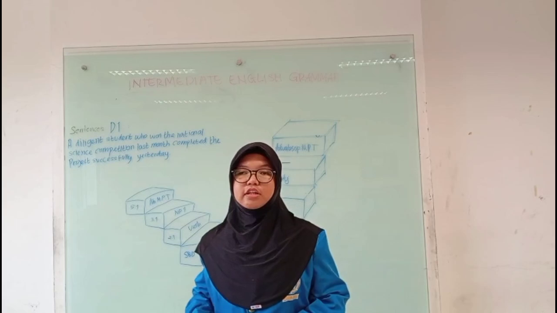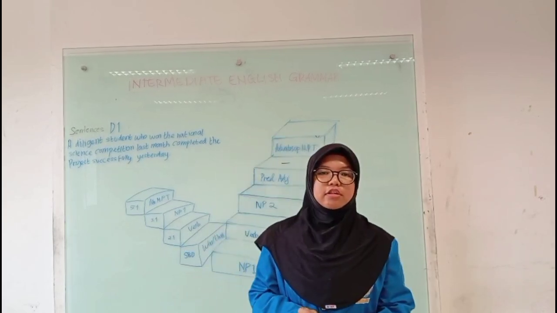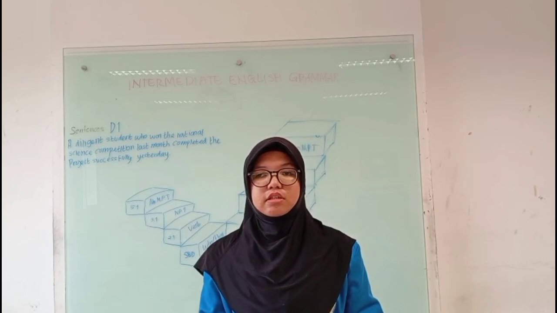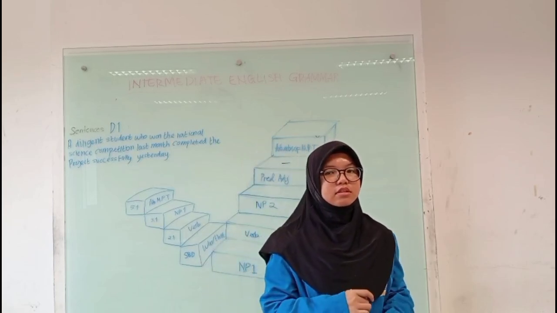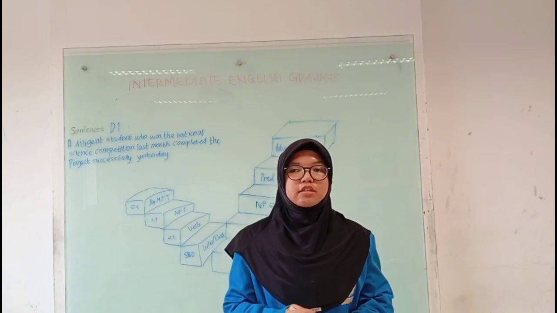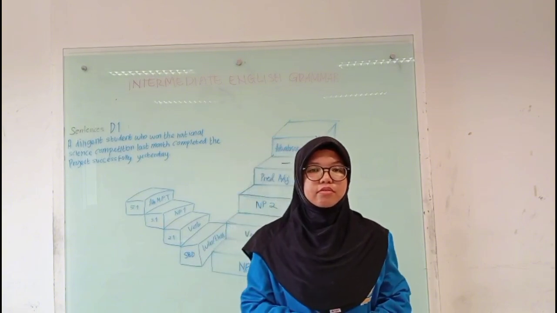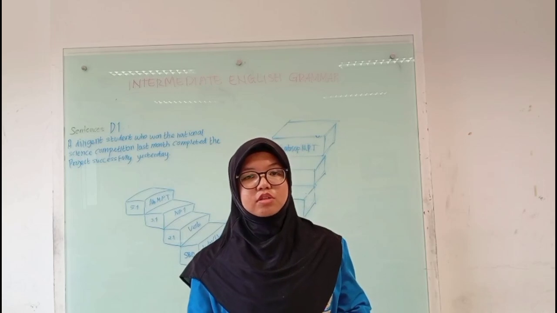Now I would like to explain stepping the 5 steps D1. Our example is: a diligent student completed the project successfully yesterday. First, let's identify the 5 main steps. The first step is noun phrase 1.